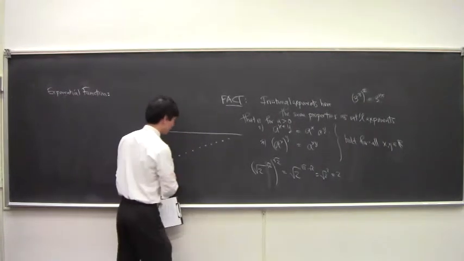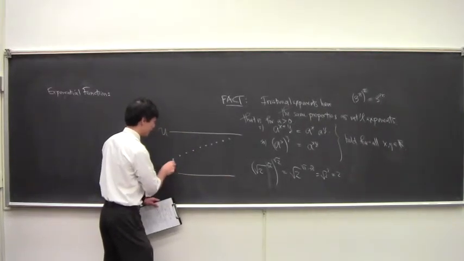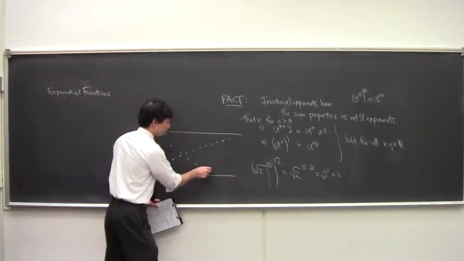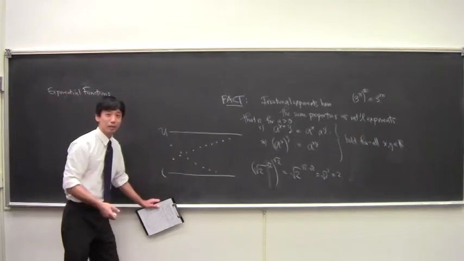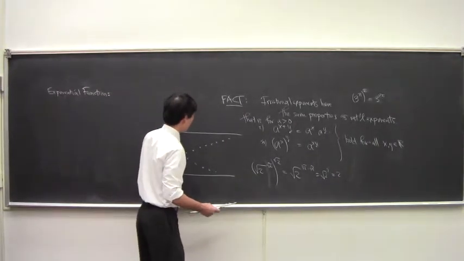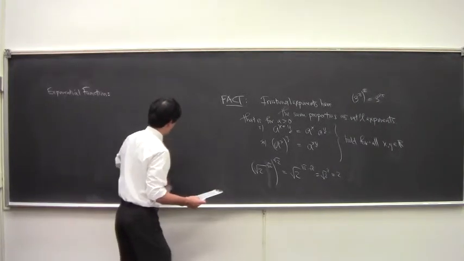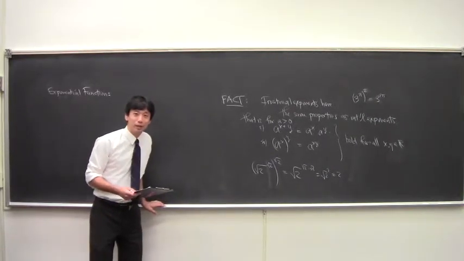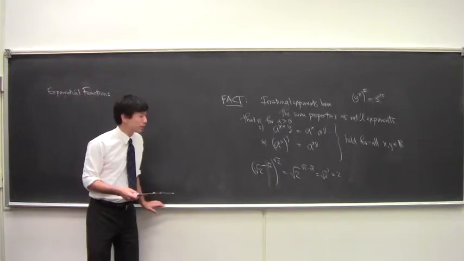Similarly, if you have a lower bound for a decreasing sequence, that's going to be bounded on both sides also. What if you have a sequence that's just convergent?